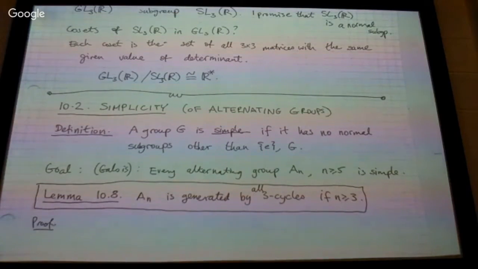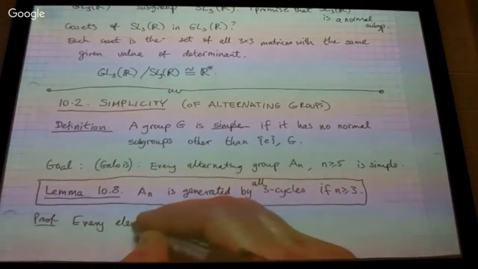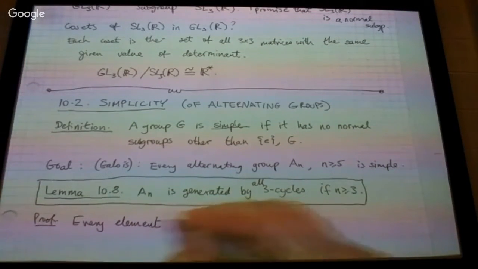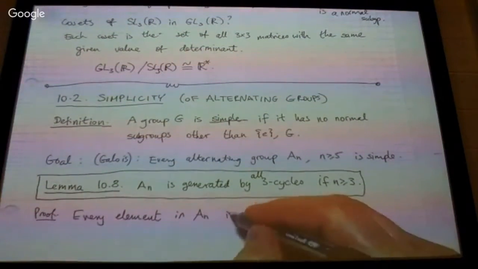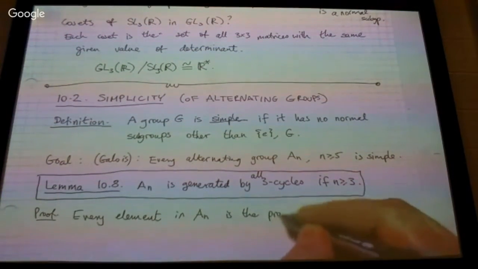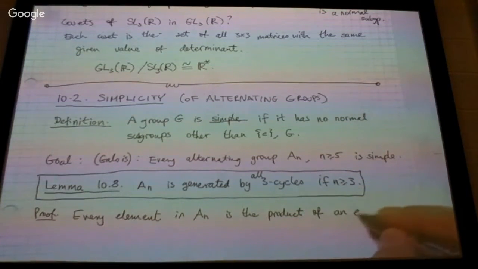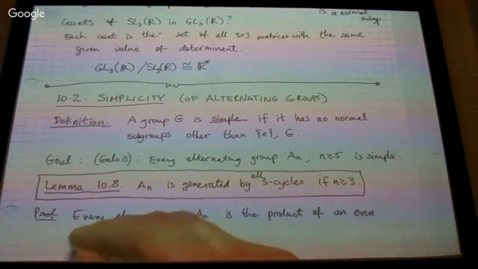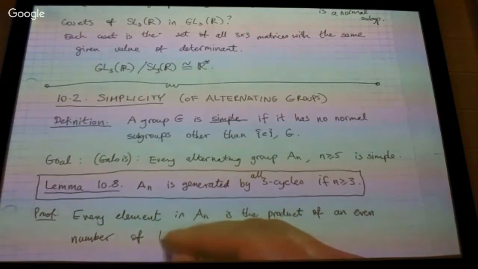It's really quite simple. So every element in A_n is the product of an even number of transpositions.